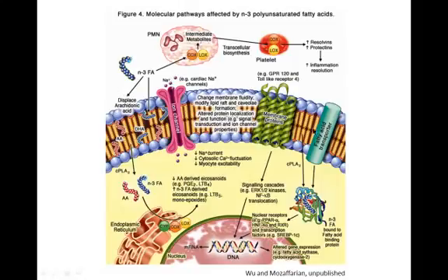Within the cell, this here is the cell membrane, and the cell membrane is a mixture of phospholipids that are on the outside and on the inside, the outer leaflet, the inner leaflet. The omega-3 fatty acids are part of this membrane when we eat them. When we don't, there's very few in there. There's always arachidonic acid in the membrane, and these long-chain important omega-6 and omega-3 fatty acids are sitting in the membrane.